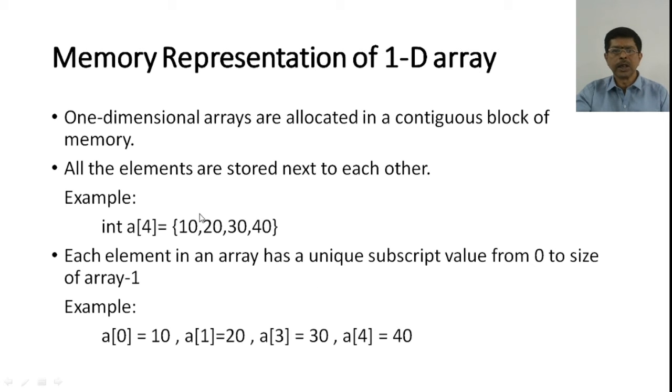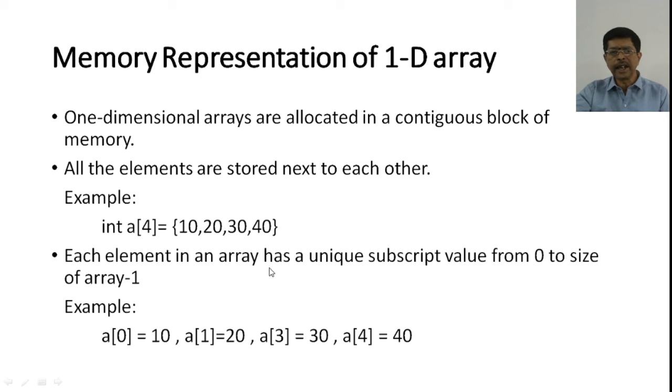Then how is the memory representation in the case of a one-dimensional array? One-dimensional arrays are allocated in a continuous block of memory, that is, continuously it will be allocated. All the elements are stored next to each other. For example, int a[4] = {10, 20, 30, 40}.